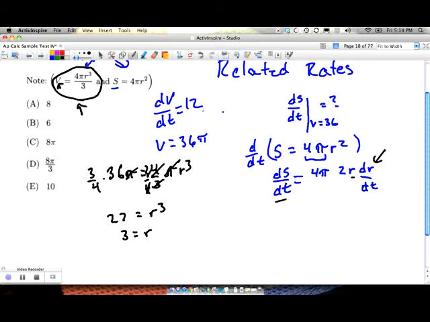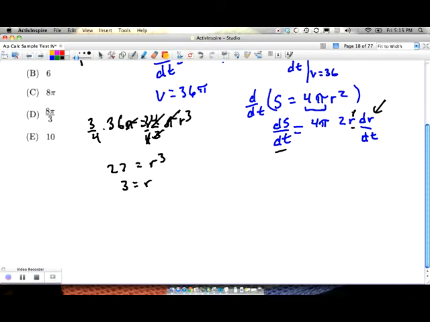dV dt equals 12. Why would they tell me that? Because I don't know what dr dt is equal to.